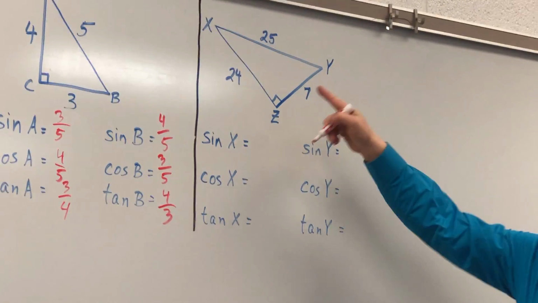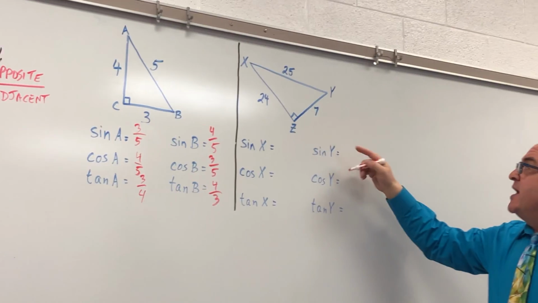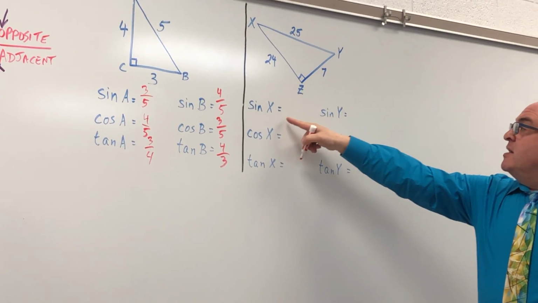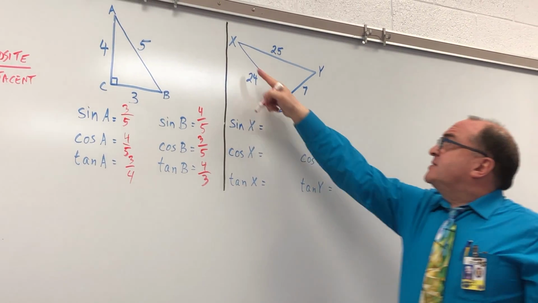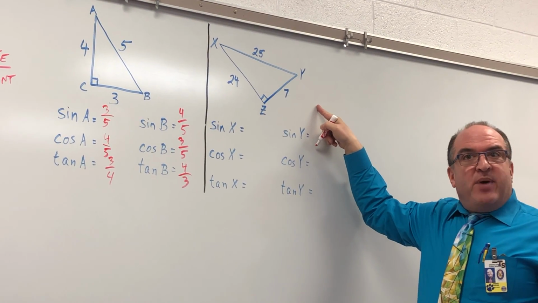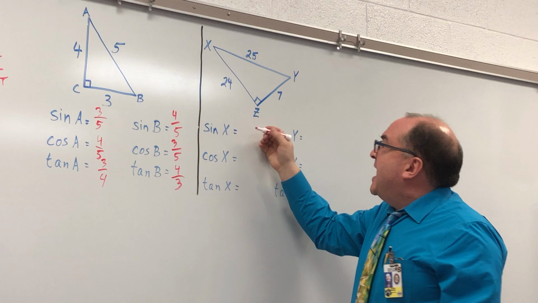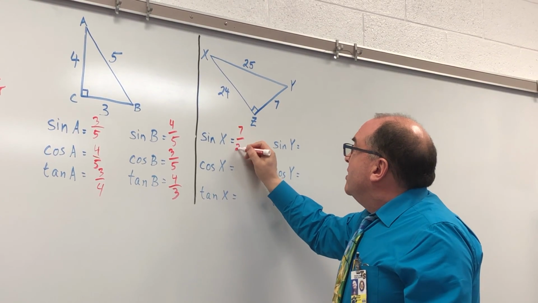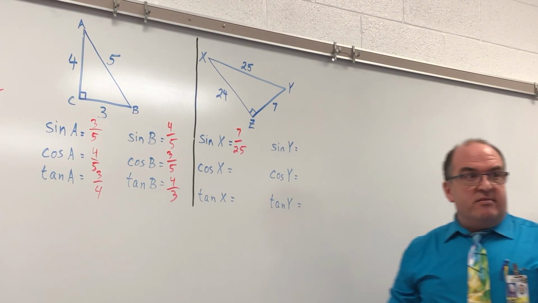Over here, here's triangle XYZ. Sine of X. What's opposite? 7. What's the hypotenuse? 25. 7 over 25. Done.